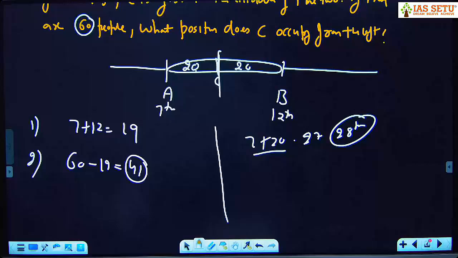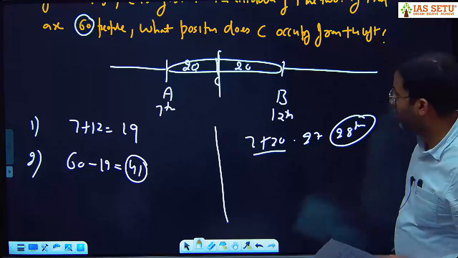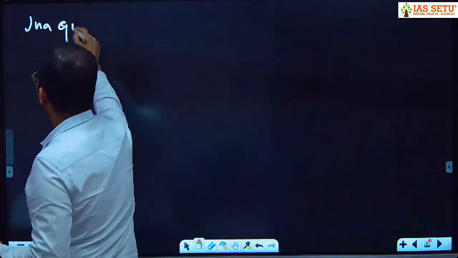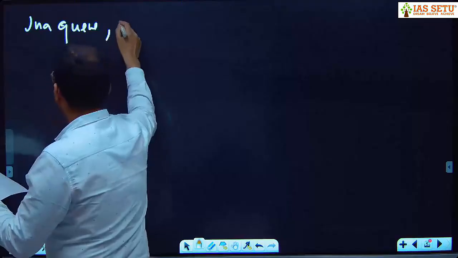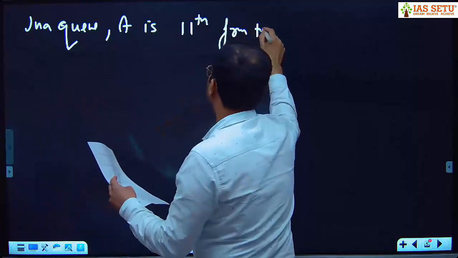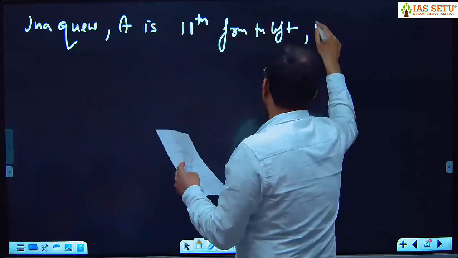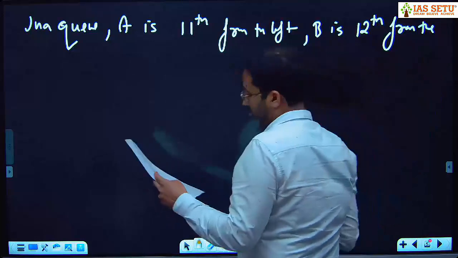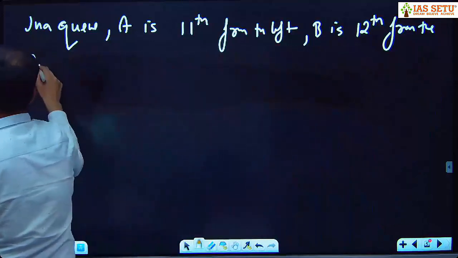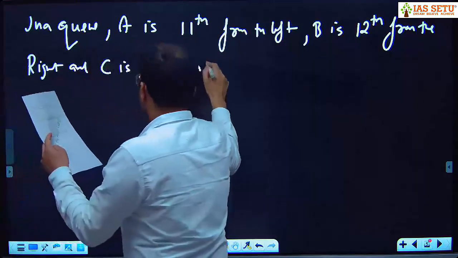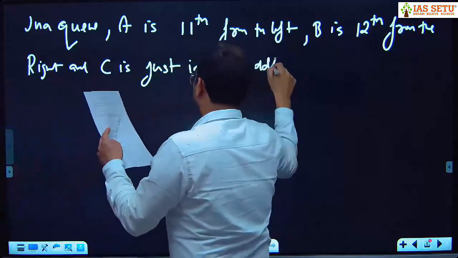Okay, Aditya. Now you try. I give you one more question. You try. In a queue, A is 11th from the left, B is 12th from the right, and C is just in the middle of two.